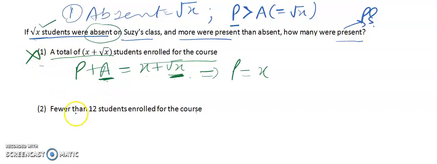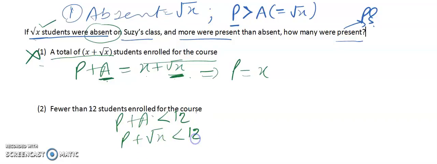Now statement 2: fewer than 12 students enrolled for the course. So we can say P plus A is less than 12. And we already know that A is root X. This again doesn't seem to provide a unique value of X. But since this is an inequality, we should definitely consider it, because less than 12 means 1, 2, 3 up till 11 values are under consideration.